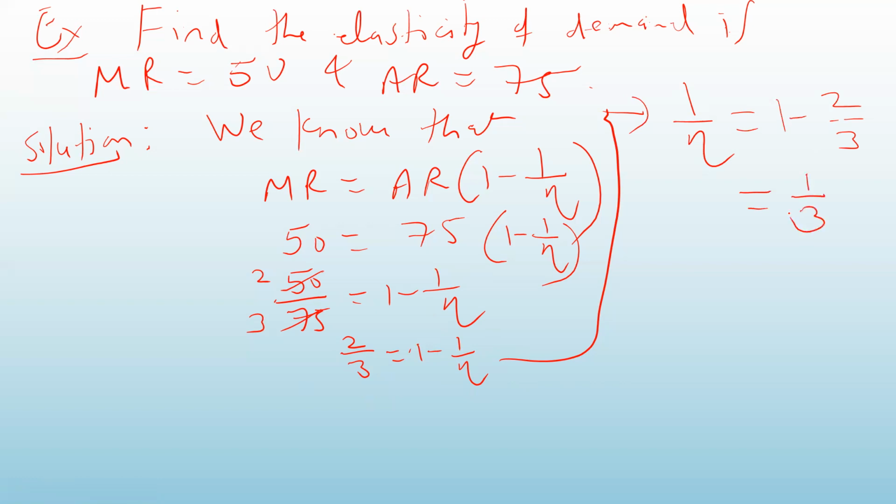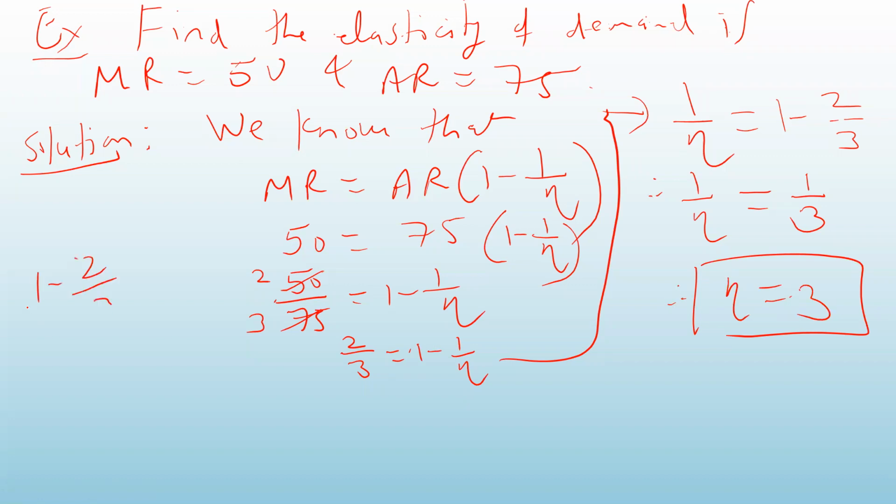So you got 1 upon eta equal to 1 upon 3. So what is the value of eta? It will be 3. Now, what is 1 minus 2 by 3? Here the denominator is 1, so we need to make the same denominator to subtract two fractions. Multiply by 3 in numerator as well as in the denominator.